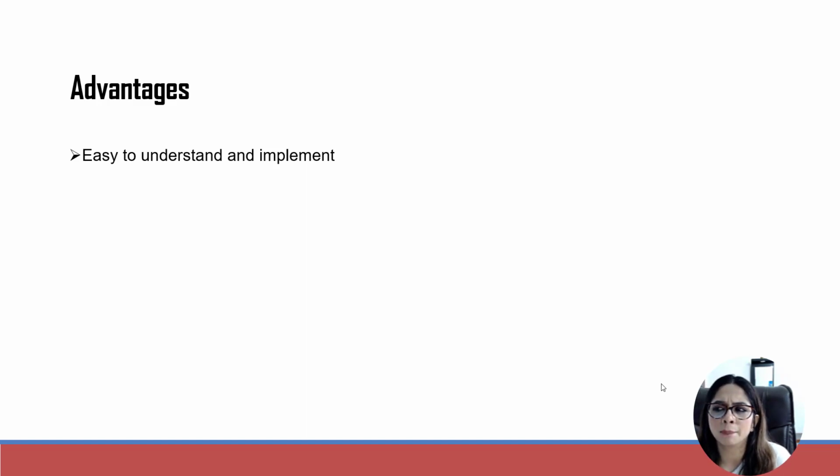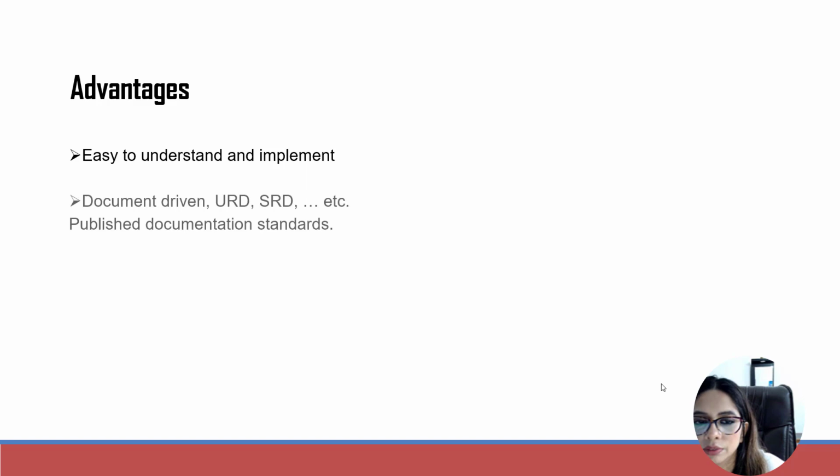So there is no complexity of following a process or going to and fro, reworking. So these are avoided. Simply there is requirement gathering, then designing of those requirements, then coding, then testing, and then deployment and maintenance. So it's very easy to use and implement.